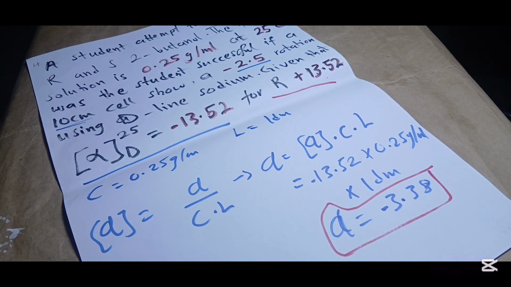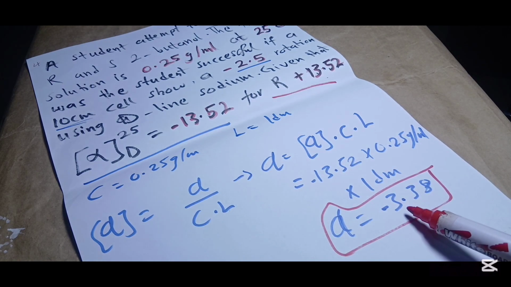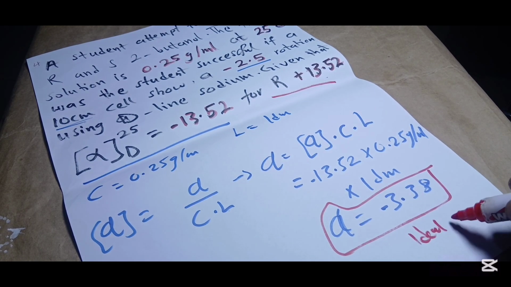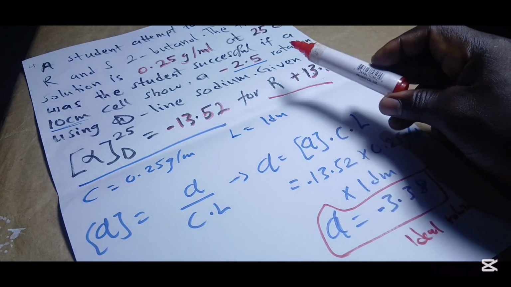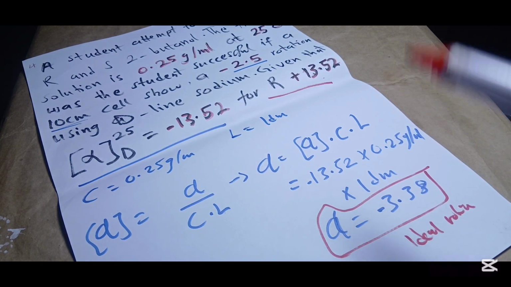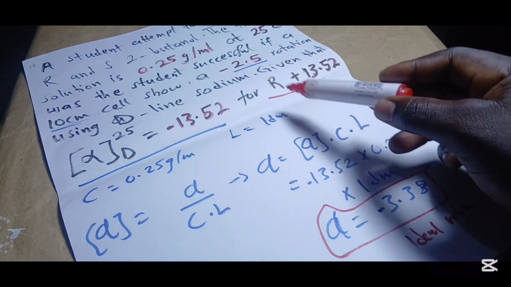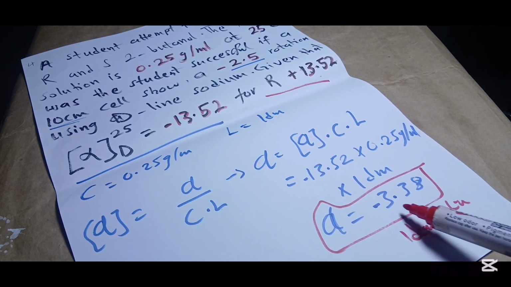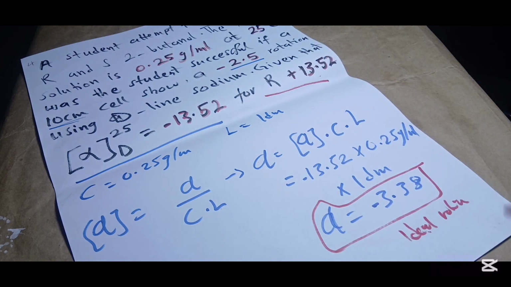So the ideal observed rotation is minus 3.38, but the student has minus 2.5, which means he should have gotten the ideal value because he wants to separate totally the R enantiomer from the S enantiomer. Because the ideal observed rotation is different from the student's own, it means that some of the S enantiomers are still in the solution; they were not completely separated.